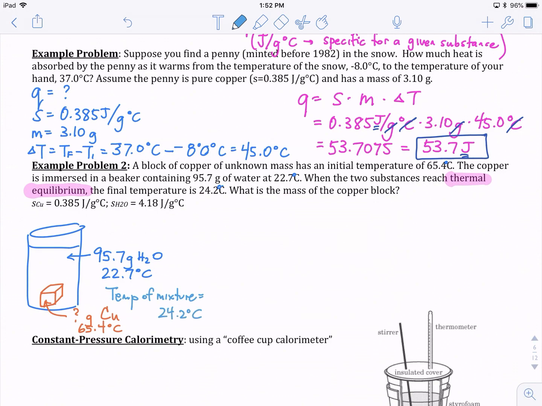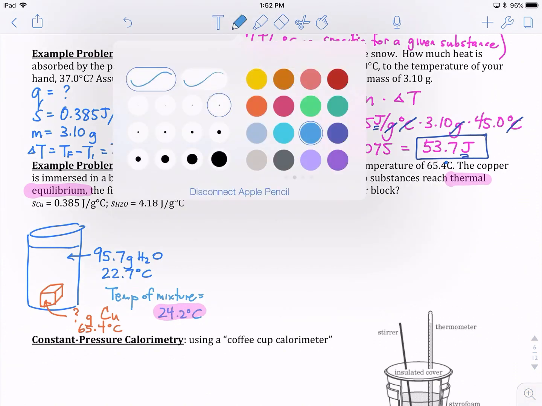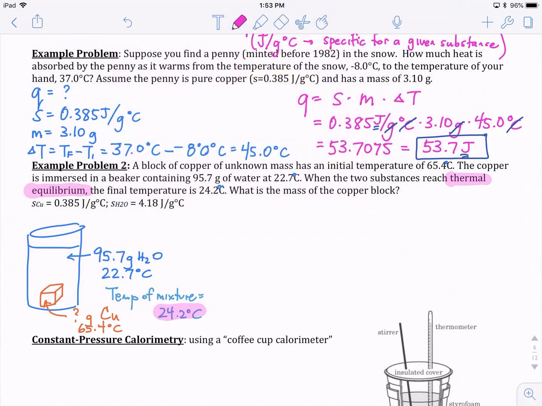Now, knowing all of that, what this is telling us is that is the final temperature of both. In order to solve this problem, we can assume that the copper transferred a bunch of heat to the water. That warmed up the water and it cooled down the copper until they were both at a temperature of 24.2.